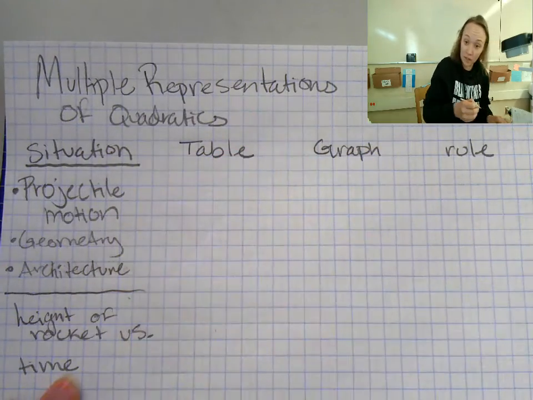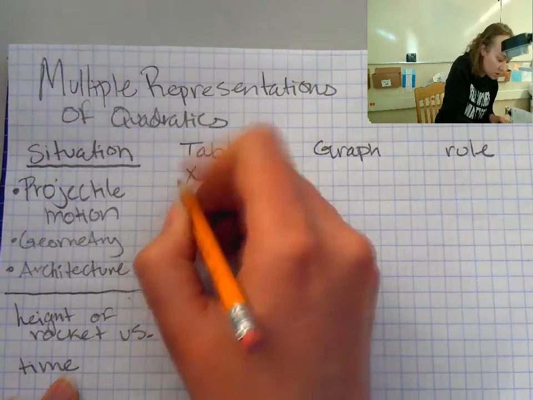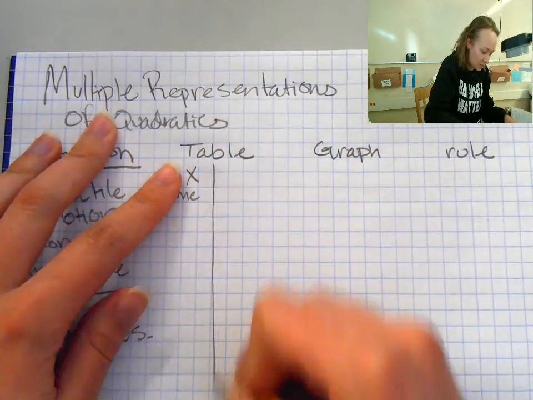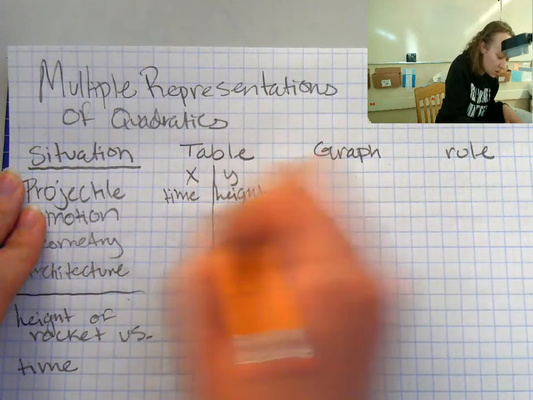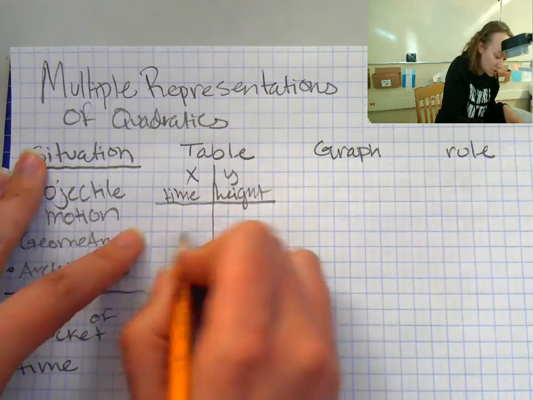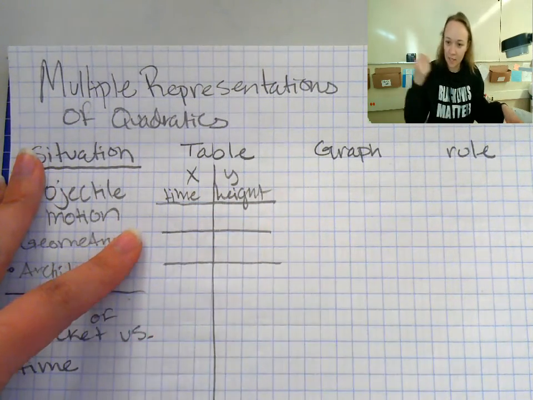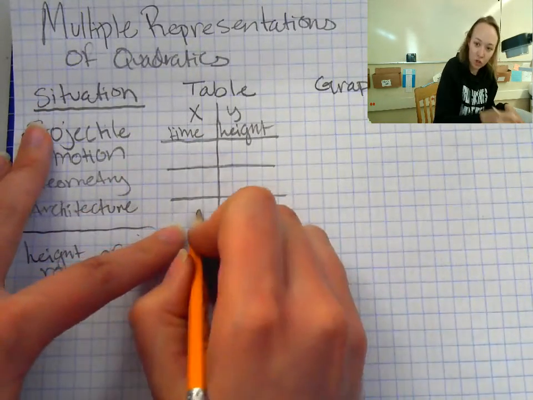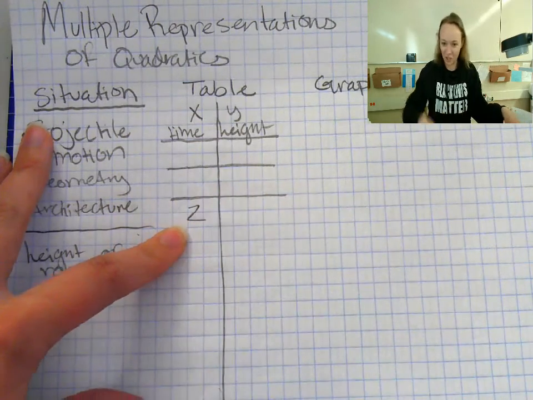So the time is going to be the x, and the y is going to be the height, and I'm going to leave a couple empty spots here because eventually we're going to work backwards. We're going to say that they set that timer at the same time that they start the stopwatch, and then after 2 seconds, that's when the rocket is going to actually leave.